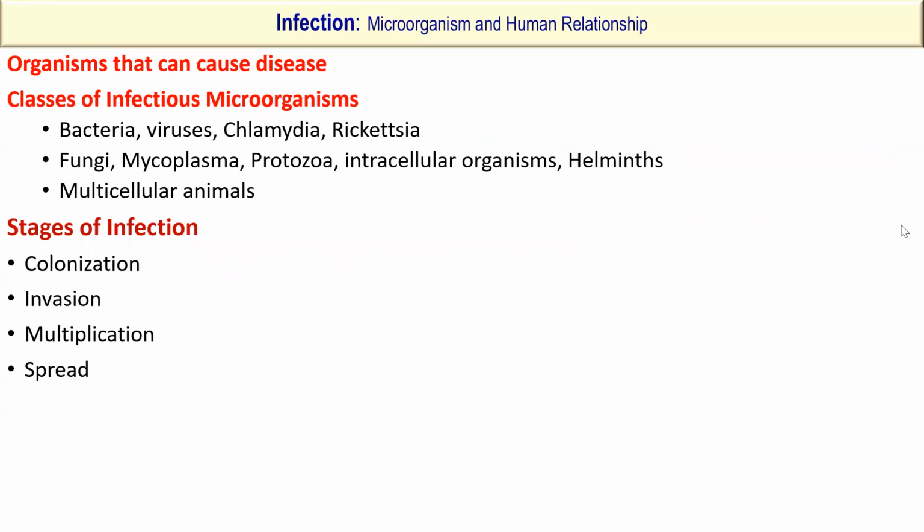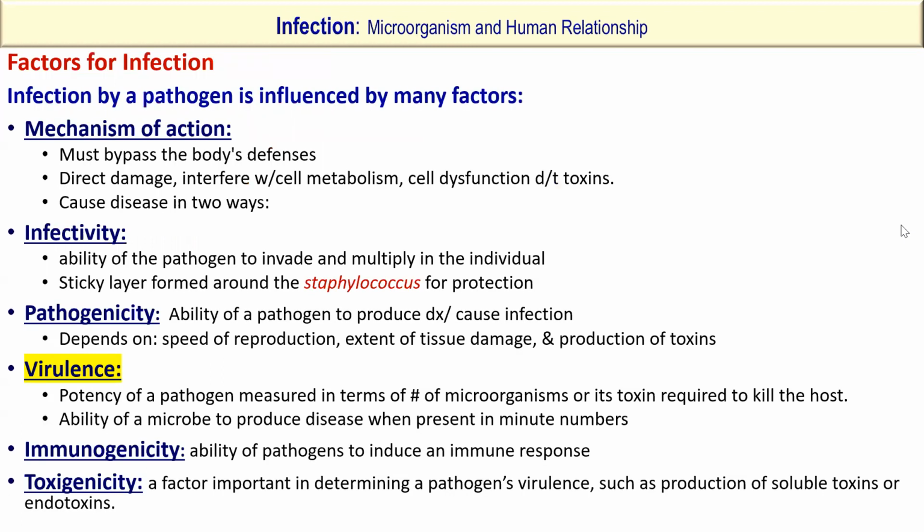We have different classes of infectious microorganisms, including what we have in this slide: bacteria, viruses, chlamydia, rickettsia, and others. The stages of infection start with colonization and end with the spread. In between, you have invasion and multiplication of the microorganism, whether bacterial, viral, or any other form, and then the spread to adjacent and distant areas.